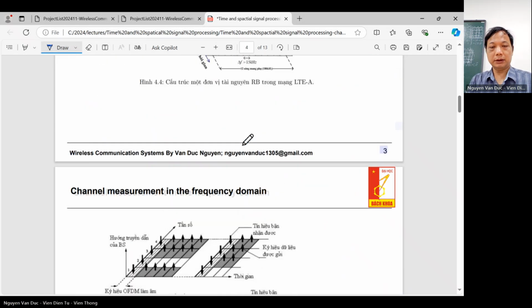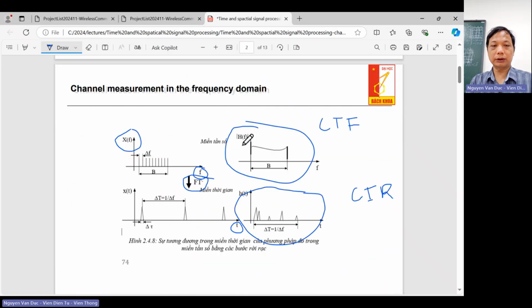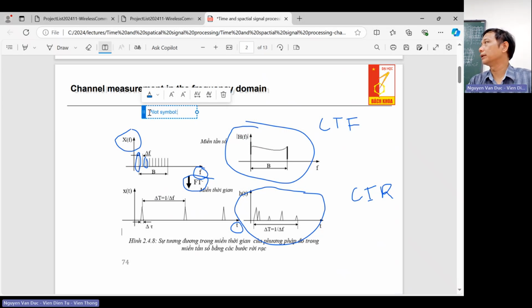So focus on my explanation. We need to transmit a pilot symbol. Keep in mind the concept of pilot symbol. Pilot symbol in Vietnamese is mẫu tin dẫn đường.